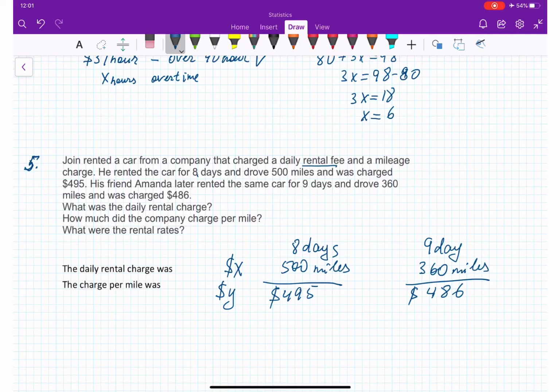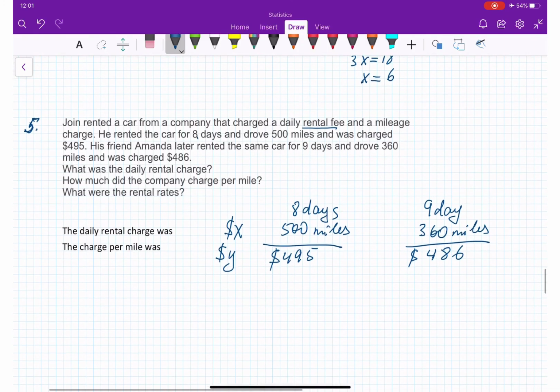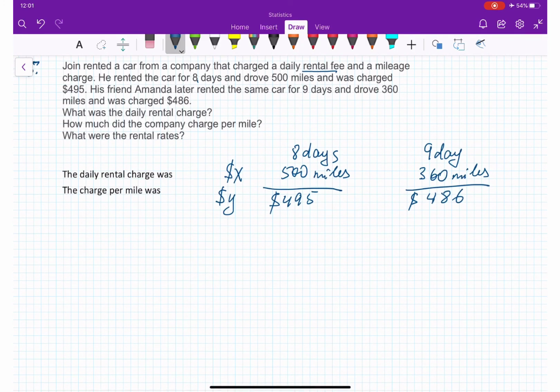Okay, Y. So for 8 days and X dollars per day, it's going to be 8X. 500 miles, Y dollars per mile, it's going to be 500Y. And all that is total going to be 495.